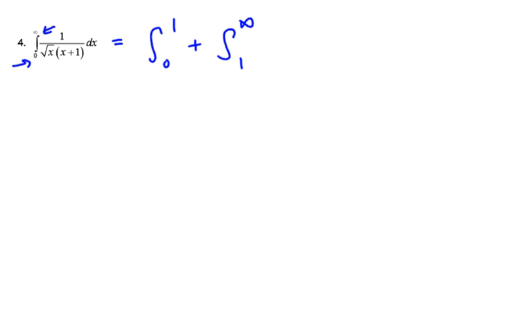A lot of times when we have 1 over something, we're going to be either completing the square or doing partial fractions, or in a lot of cases, arctangent, our friend arctangent. So this is actually an arctangent problem. It doesn't look like it at first, but it actually is.